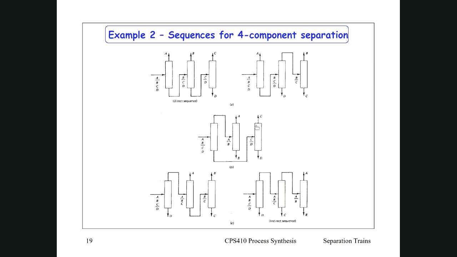Next one, you separate right through the middle, AB and CD, and then you can separate those 2 separately. And then finally take off D first, and then after that, you can do the direct sequence, taking off A and B in sequence. So there you have it. For a 4-component separation, there are 5 different ways of doing ordinary distillation.